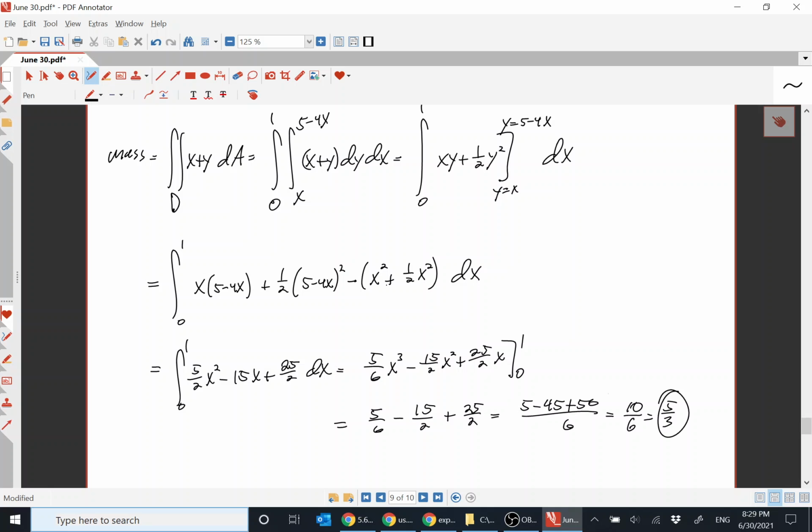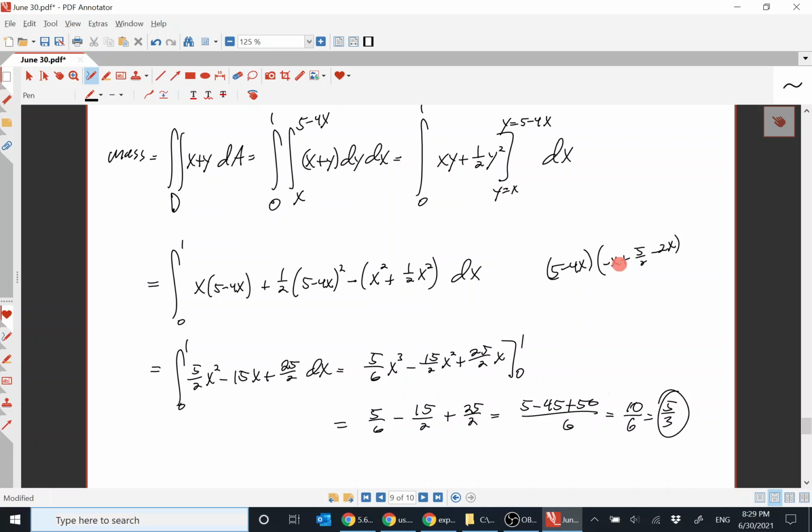Minus x squared plus 1/2 x squared. So this is 5 minus 4x times x plus 5/2 minus 2x.